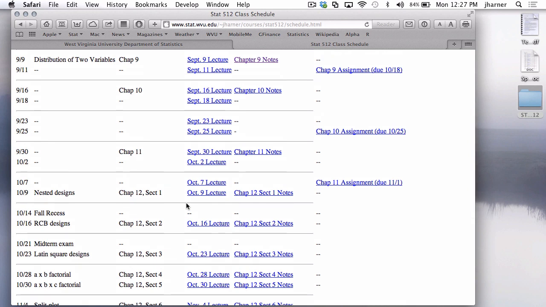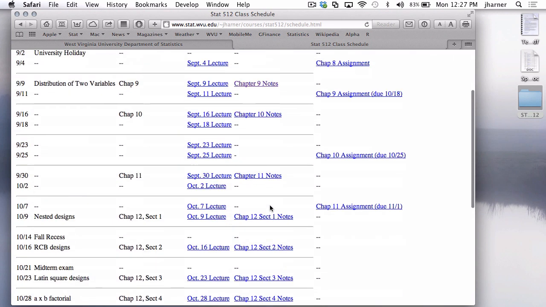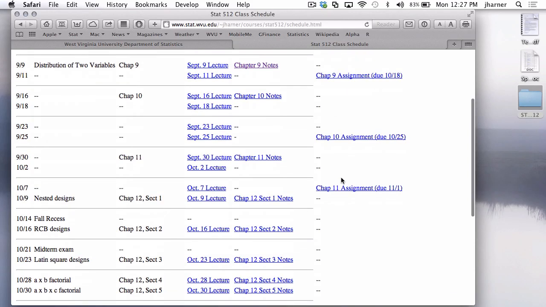The midterm covered, just in the very first part of Chapter 12, one problem on nested designs. The rest of it were on Chapters 9, 10, and 11 primarily. There may have been something on Chapter 8, but the main gist of that exam were 9, 10, and 11.